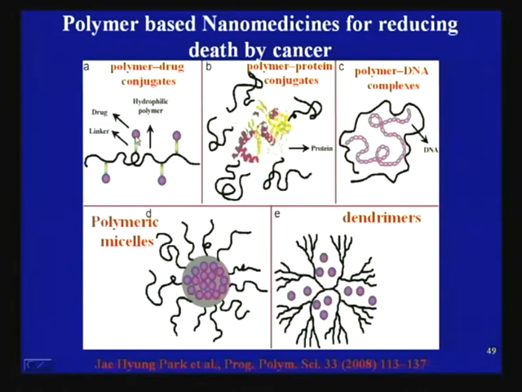For that, the drug must have some functional site and the polymer must have some functional site. Exploiting the functional sites present in the drug as well as in the polymer, the drug could be conjugated to the polymer molecule, and the polymer can have either hydrophilic or hydrophobic characteristics.